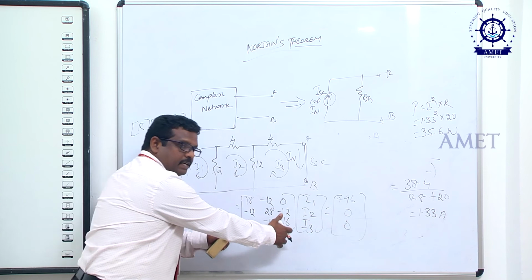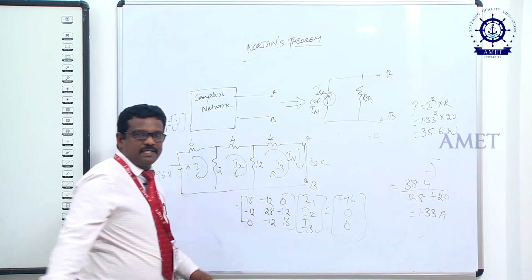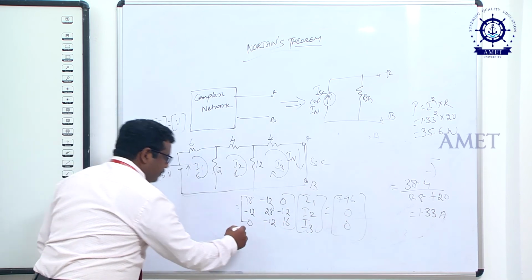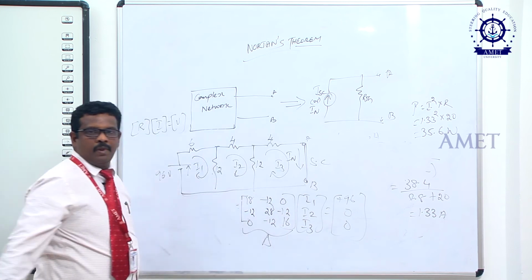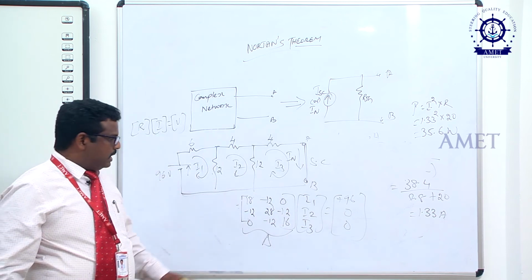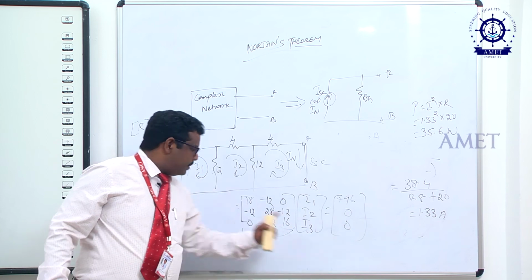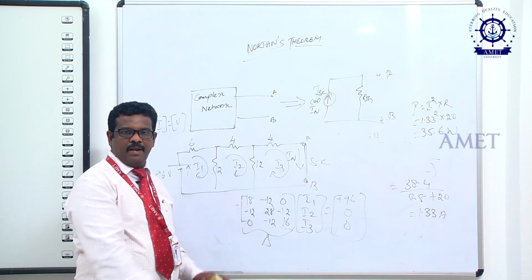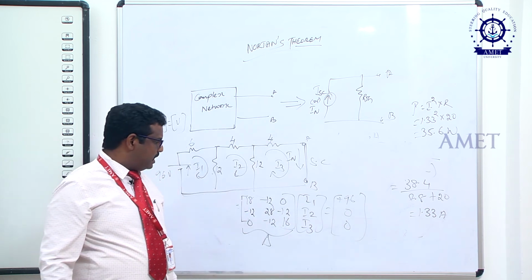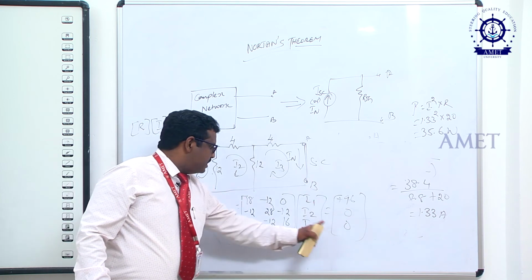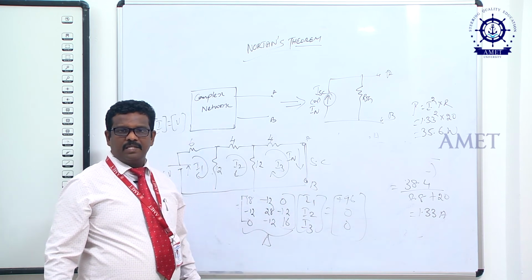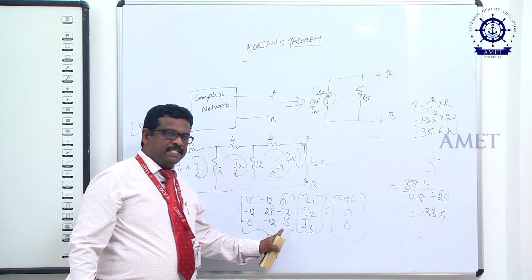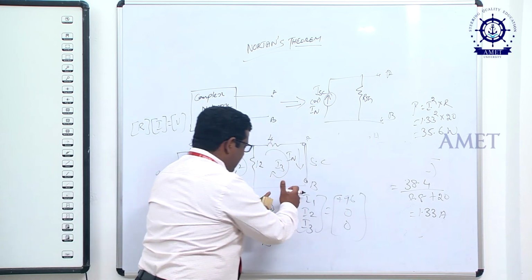So, the determinant of the R matrix is called the delta. Delta 1 is nothing but substituting the voltage column in the first column and finding the determinant. Similarly, substituting the voltage column in the second column is called delta 2. Delta 3 is nothing but substituting the voltage column in the third column.